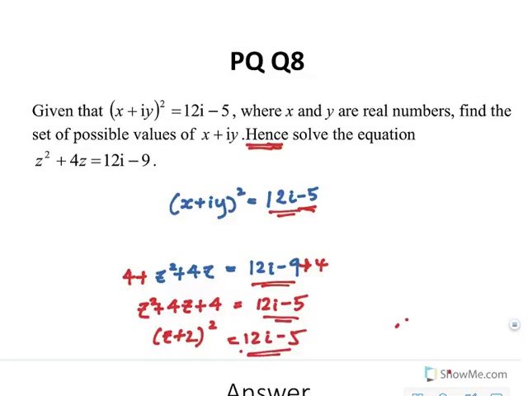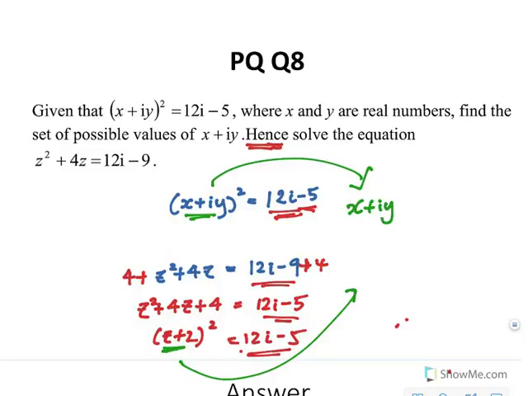Then compare. These two are the same, correct? So now you can compare: x + iy is the same as z + 2. This is just a replacement of variable. So x + iy can be replaced with z + 2.